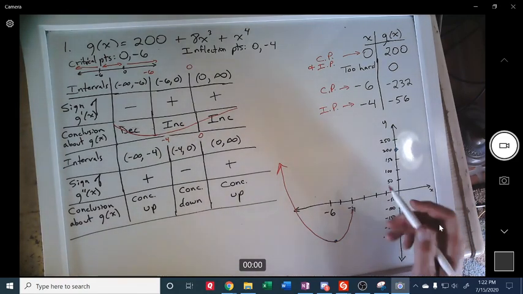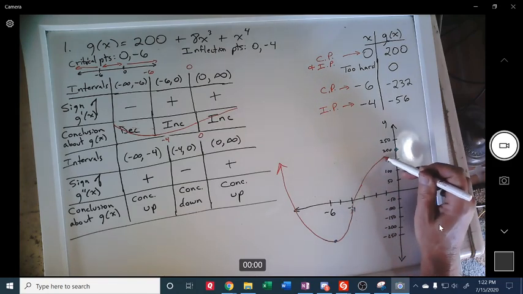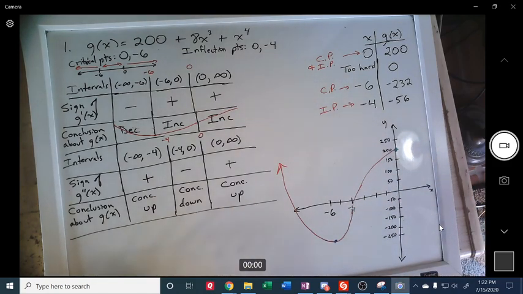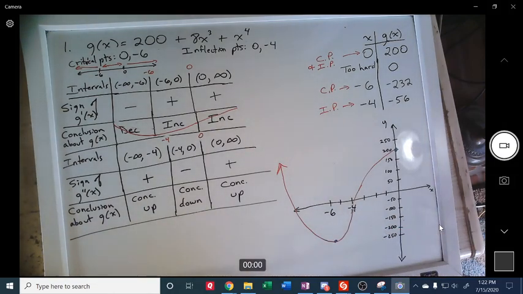But we're using everything in our tables to get this all correct. Alright, and then what happens in the very farthest right region?